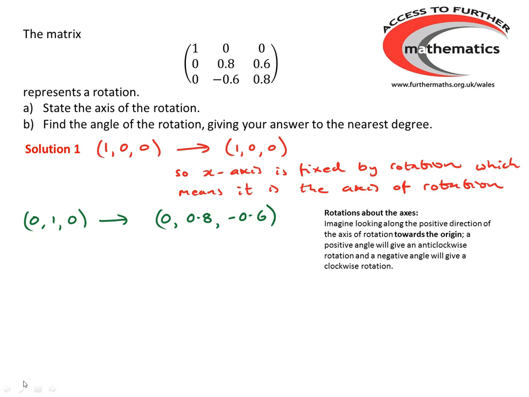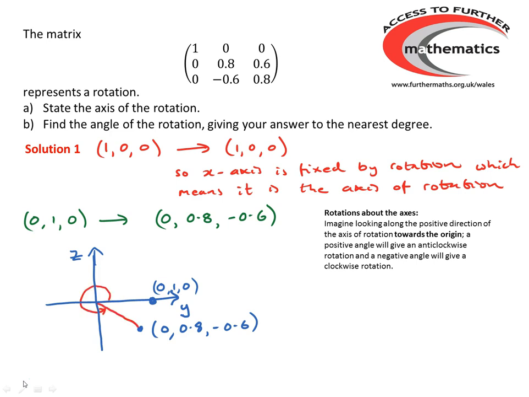We will see the y-axis and the z-axis looking like this. The point 0, 1, 0 and its image under this rotation are now added, and we can see that we have an anti-clockwise rotation through an angle which is clearly a reflex angle.